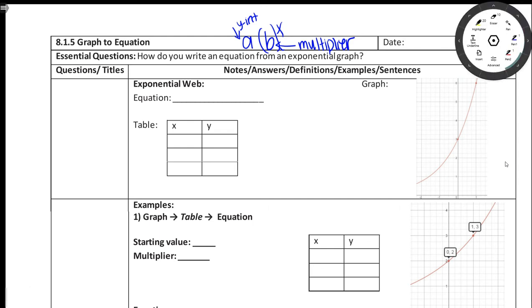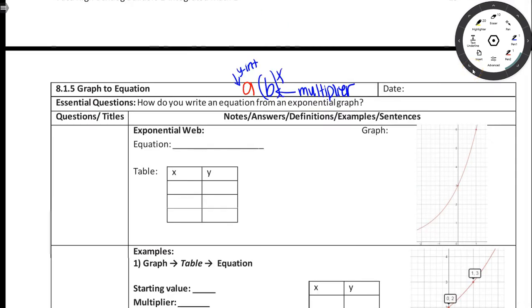And I'll go ahead and stick with the same colors. So I'll do A as my y-intercept. So we have our graph right here. Our y-intercept is very easy to see at (0, 3). And we're going to go ahead and write that as 3 as my A value.